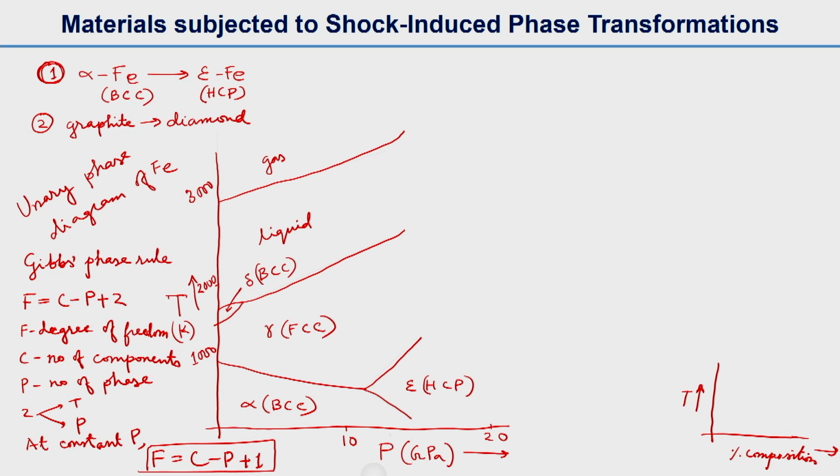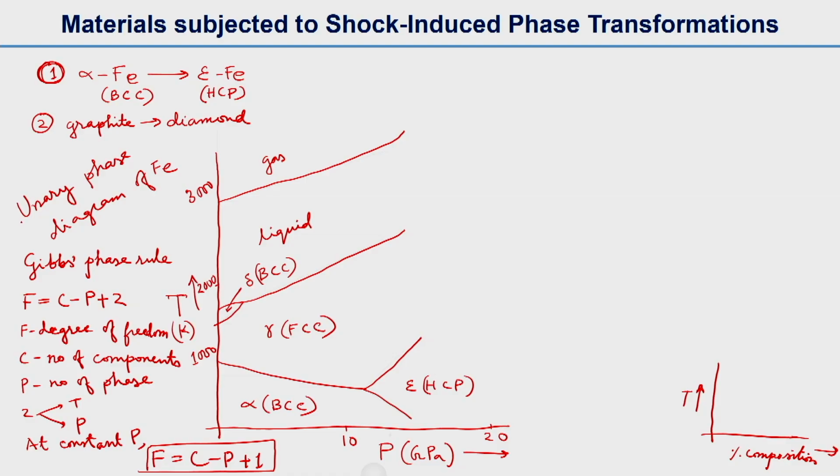Here I want to remind you that the term component means, for example, if we have a water and ice system, we have a single component because water and ice are both H2O, but there are two phases, one solid phase and one liquid phase.